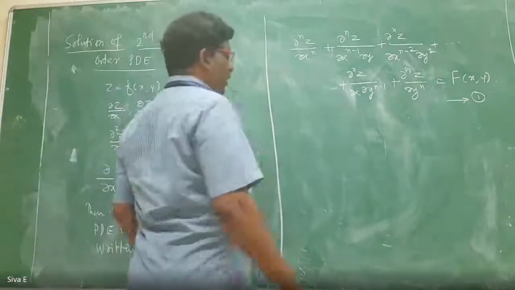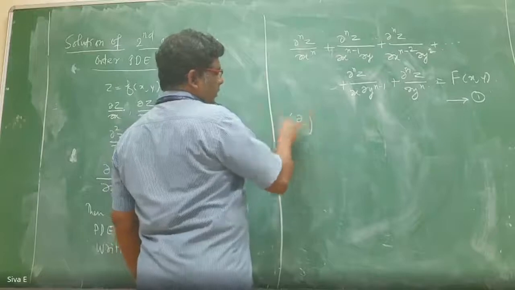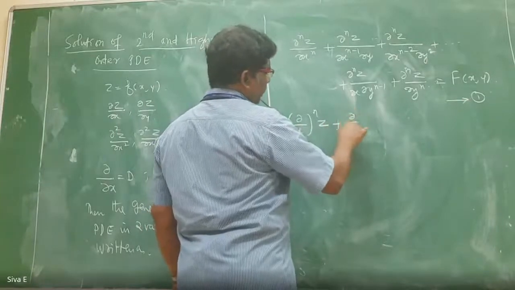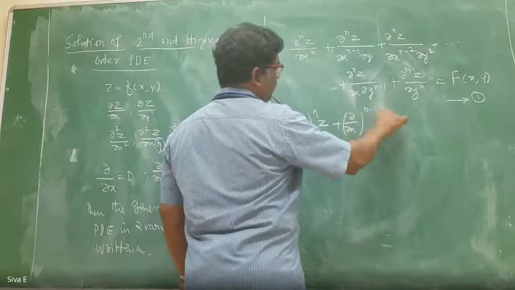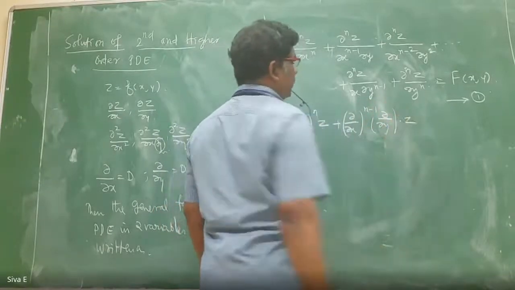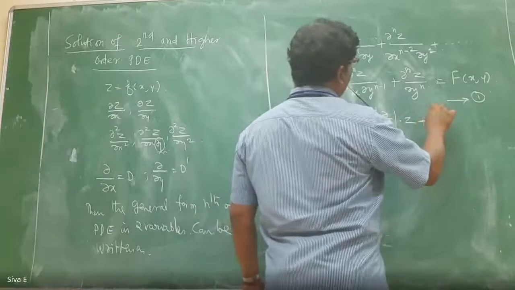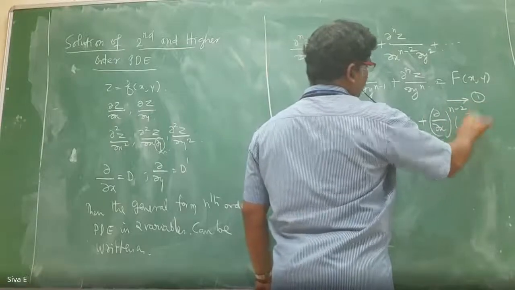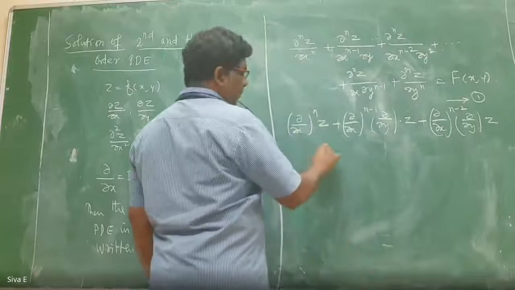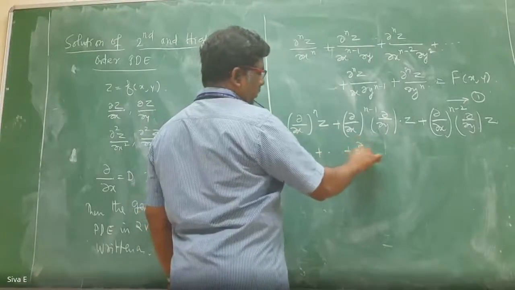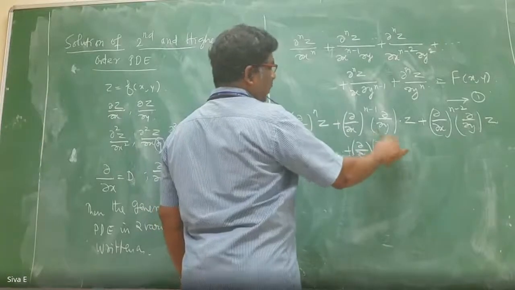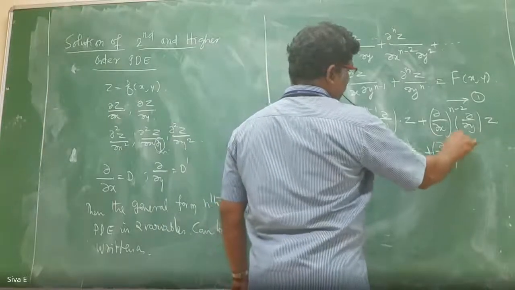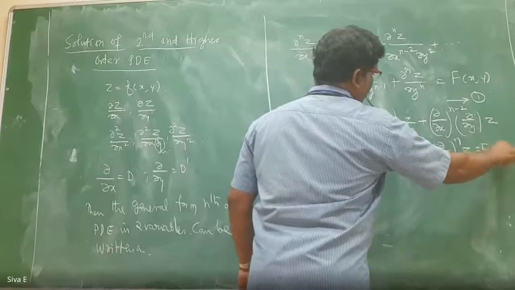Therefore, this can be written as dou by dou x whole power n z, plus dou by dou x whole power n minus 1 dou by dou y z, plus dou by dou x whole power n minus 2 dou by dou y square z, plus etc., dou by dou x dou by dou y whole power n minus 1 z, plus dou by dou y whole power n z equal to f of x comma y.